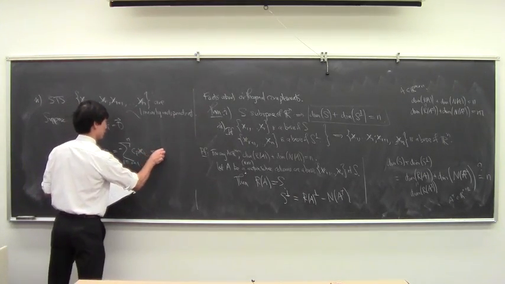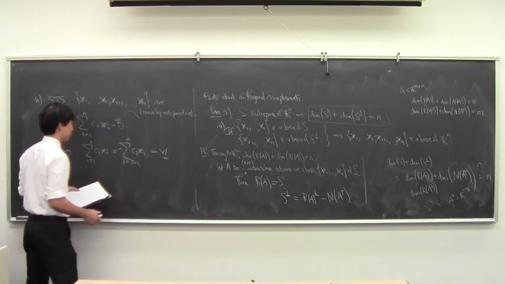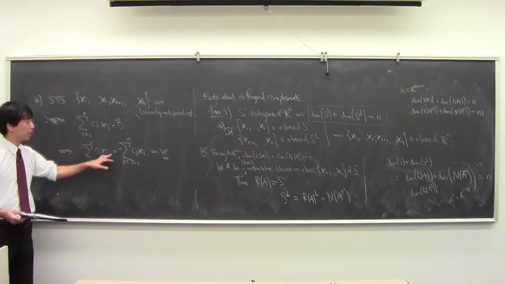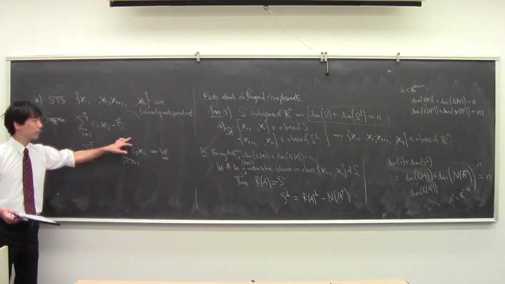Whatever that thing is, let's call it v. So v equals the sum of these things from 1 to r, and minus the sum of these guys from r plus 1 to n.